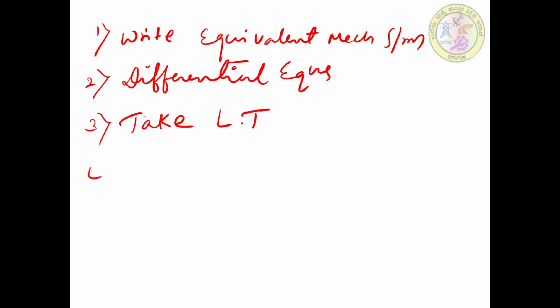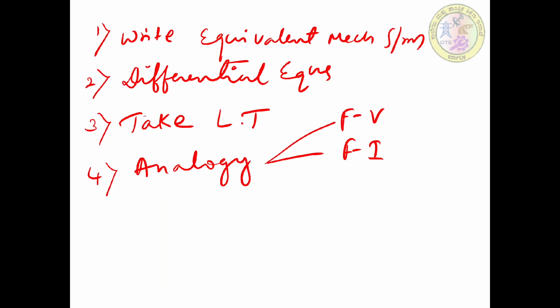Then you go for the analogies. We have four analogies: force voltage, force current, torque voltage and torque current. Based on the given problem, you apply any one of the analogies.